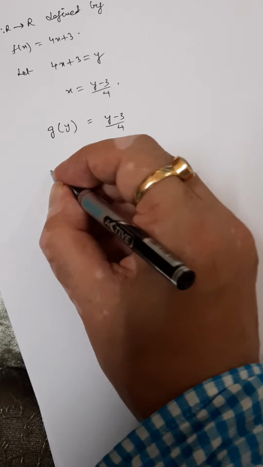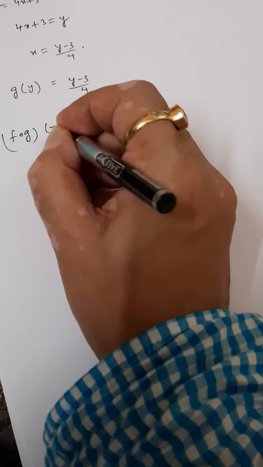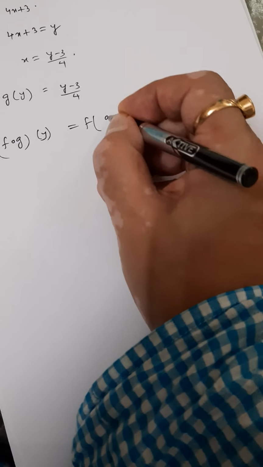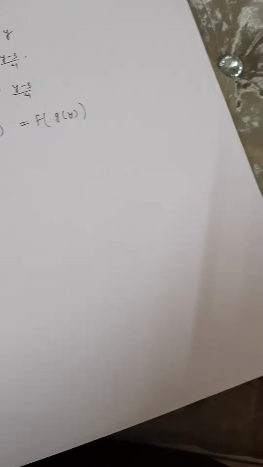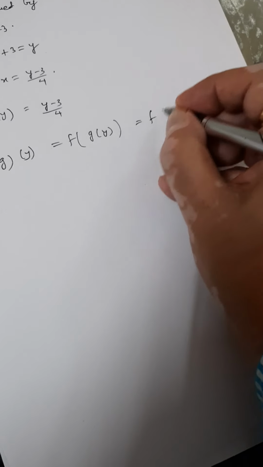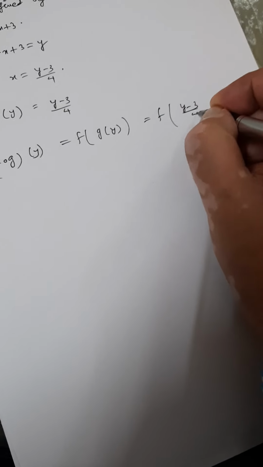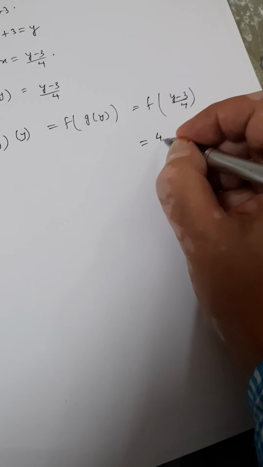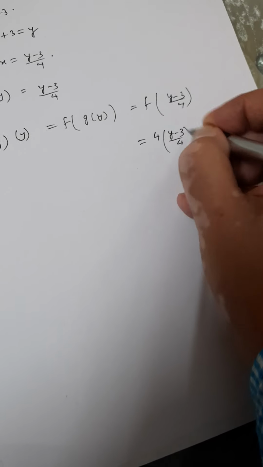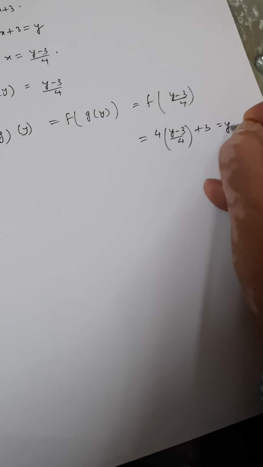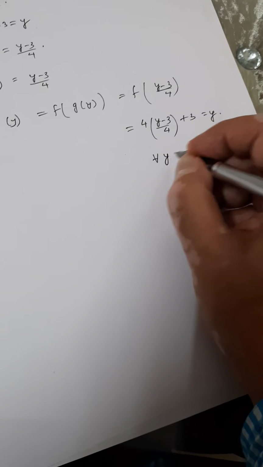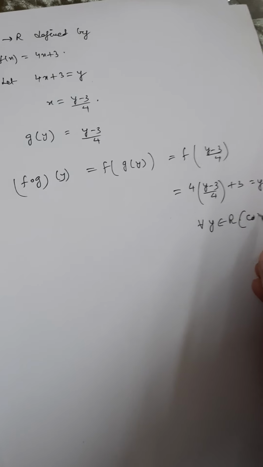So you have f of g of y, which is f of (y minus 3) by 4. That will be 4 times (y minus 3) by 4 plus 3, that is y, for all y belongs to R, that is the codomain.